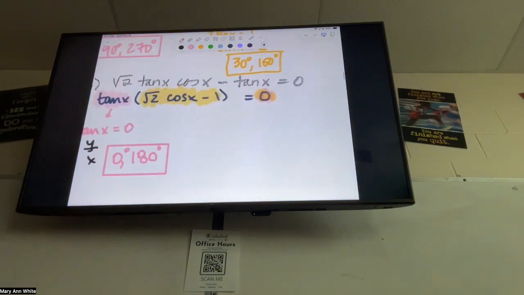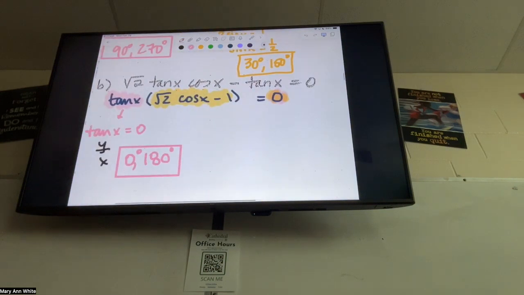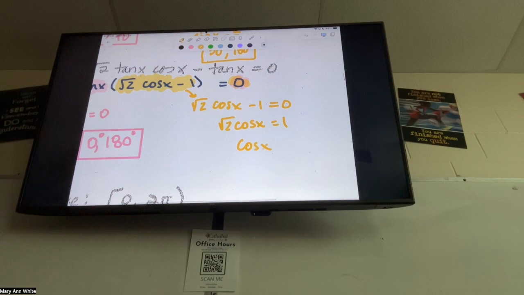Okay, same idea. Now we're going to set the inside equal to 0. So I've got root 2 cosine of x minus 1 equals 0. That might make you panic, but just add your 1 to both sides, divide by that root 2. Good.